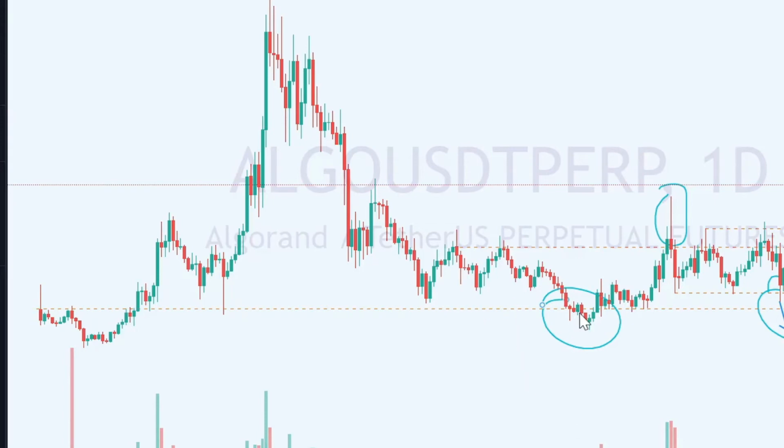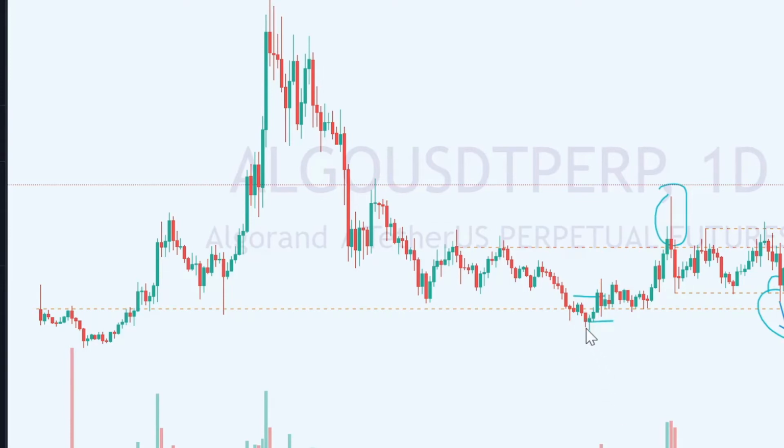Many traders who are breakout traders will start shorting this market. They will be selling and placing their stop somewhere above here, because this closed below, so they short the moment it closes or opens below.